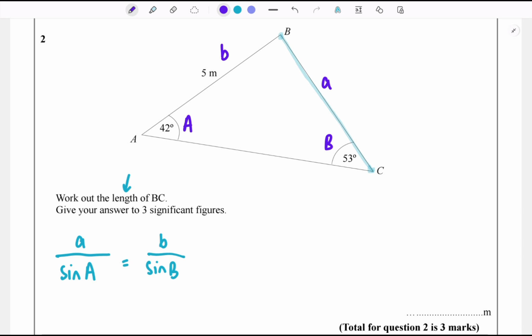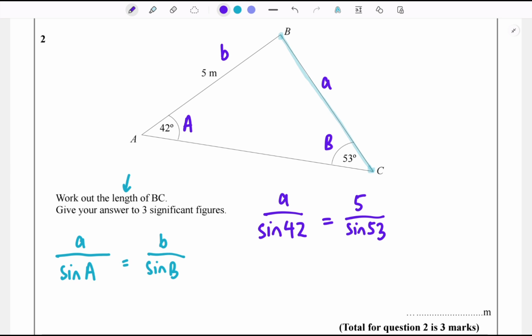So let's substitute all the numbers straight into the equation. So A over sine A, which we don't know what A is. Sine A, which we've defined as 42. That equals B, which is 5 meters, over sine B, which is sine 53.